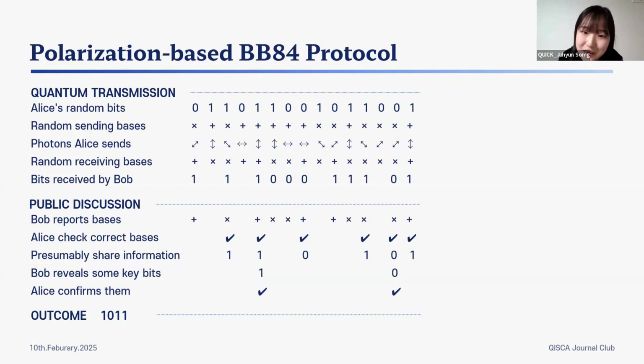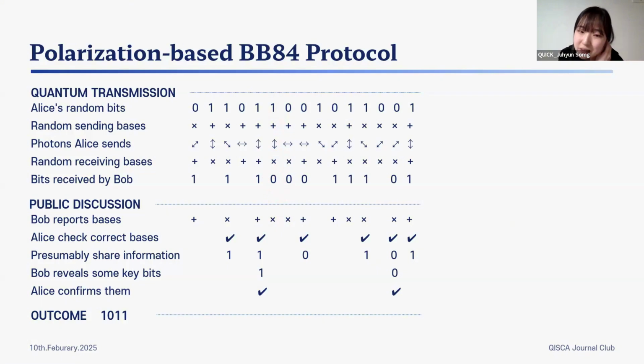And Bob, without knowing what Alice really sent, like what basis Alice used, also randomly picks a basis for each measurement. Since he sometimes picks the wrong basis, he won't always get the correct bit values. So if we look at the example for the sixth pulse here, Alice sent the bit of 1 with the rectilinear basis, but Bob uses the diagonal basis, where he has the possibility of getting either 0 or 1, and in this case, he gets 0.